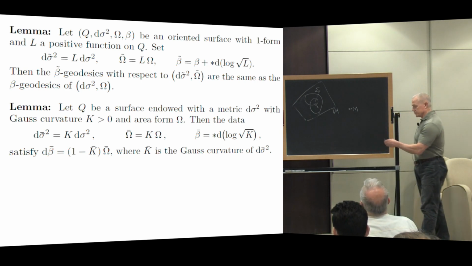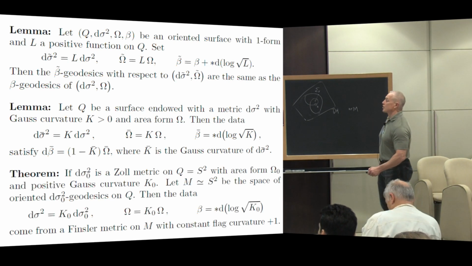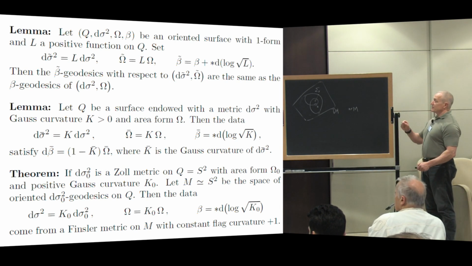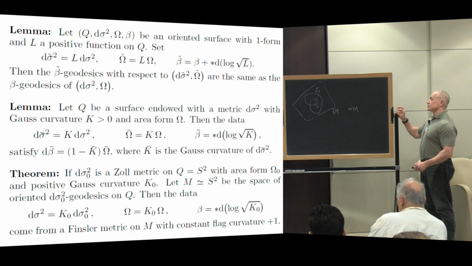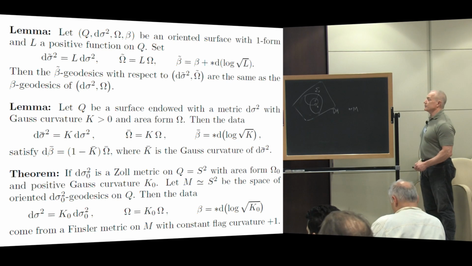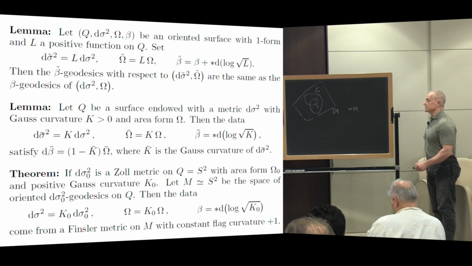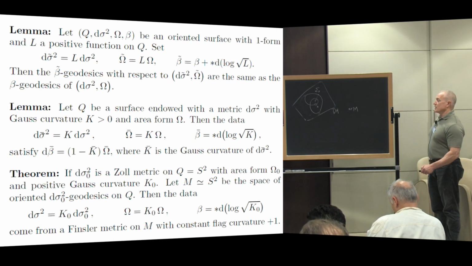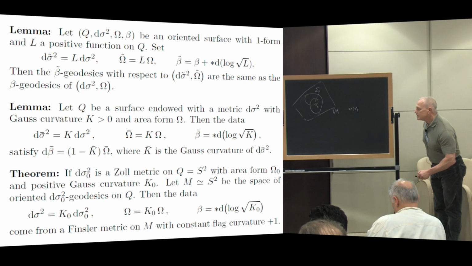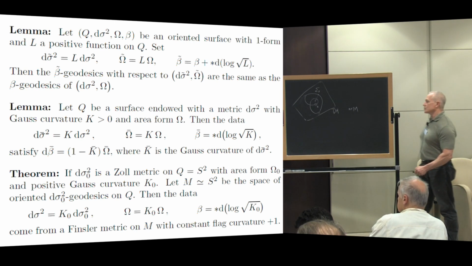This again, it's just writing out the structure equations, and so the corollary is that if you start with a Zoll metric, so that's d sigma naught and beta equals 0, a Zoll metric has all of its geodesics closed on the two-sphere with its area form, and suppose it has positive Gauss curvature, then if you look at the space of oriented geodesics, this data, d sigma squared is k naught times the area form omega naught, and beta is d log square root k naught.